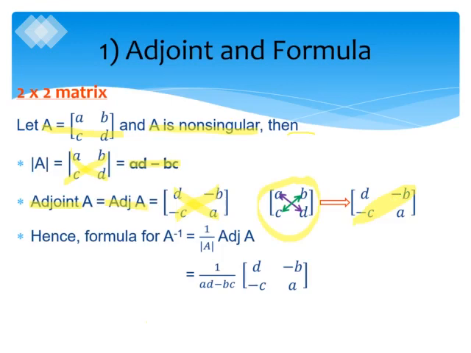Hence, the formula for A inverse is 1 over the determinant of A times adjoint A. So we substitute the determinant of A as AD minus BC and adjoint A as D, negative B, negative C, A. So that one is for 2 times 2.